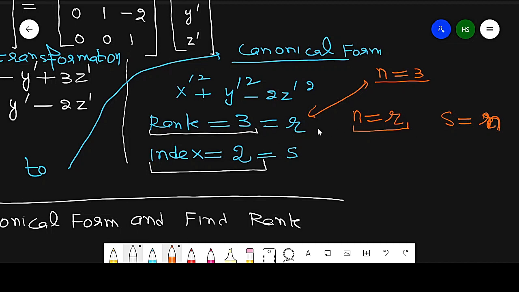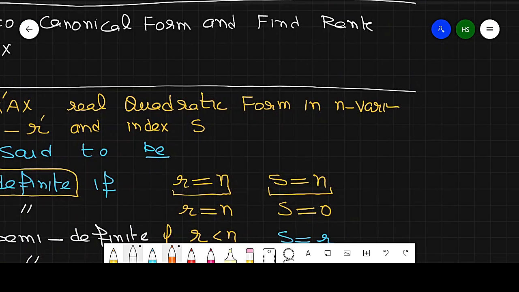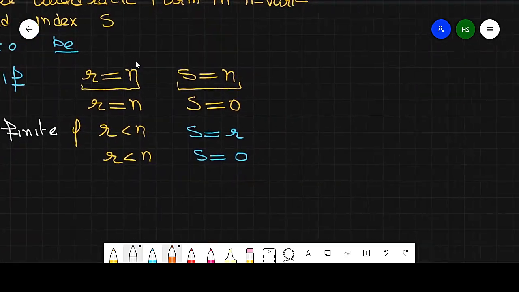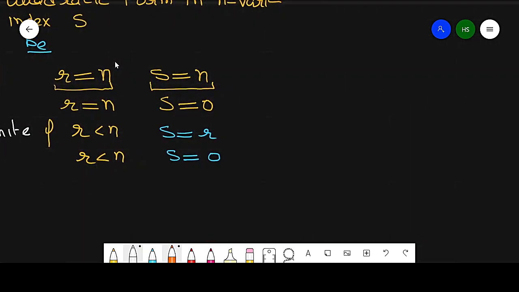So I just prove this with some example values. Now if I have this kind of situation, y1 square plus y2 square plus up to yn square, first, and second is minus y1 square minus y2 square minus up to yn square.